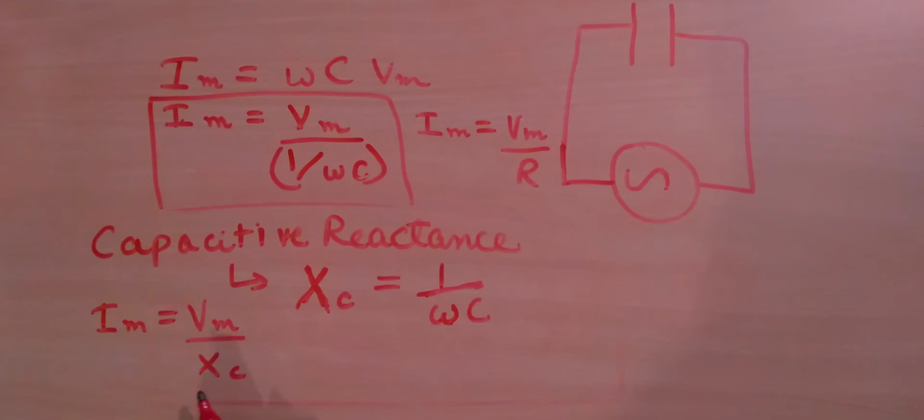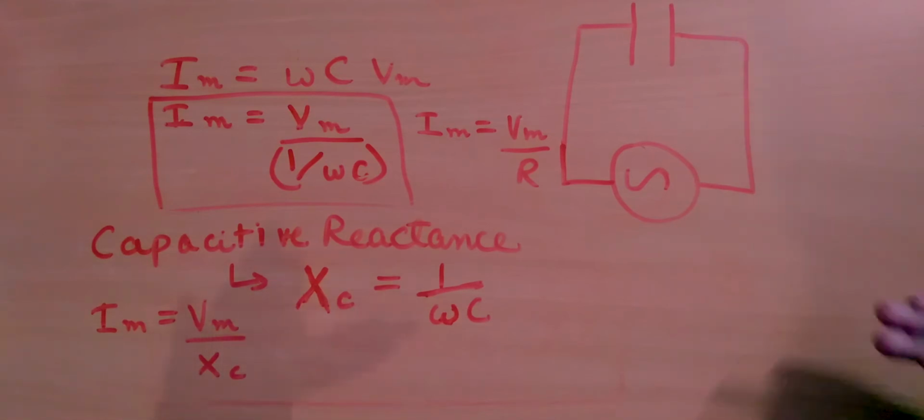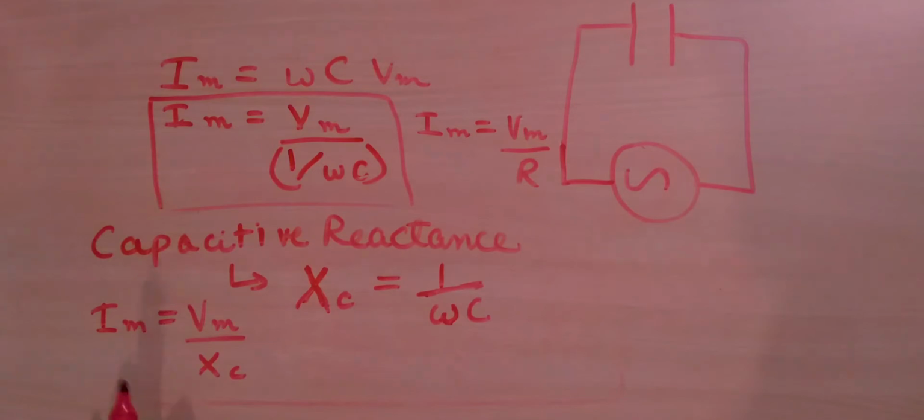So it simply means that if I have a higher capacitive reactance, I'll get a lower current for a given source voltage, and this Xc is nothing but opposing current. It is trying to reduce the value of current, and the higher the value of capacitive reactance, the lower current I get.